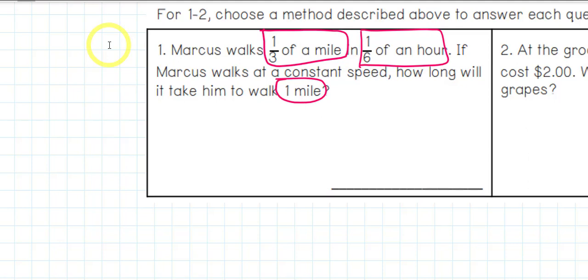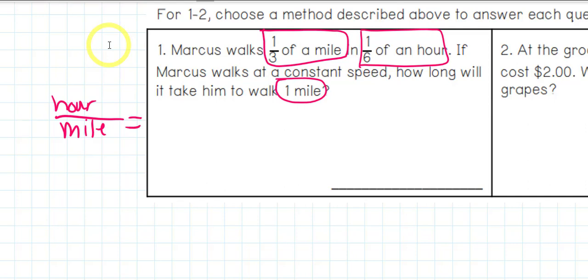They're asking for 1 mile, which means when I start with words, mile is going to be my denominator. That means hour will be the numerator. Okay, so you want to read through the word problem to find how you're going to set up your rate in order to be able to get the unit rate for the question that's being asked.